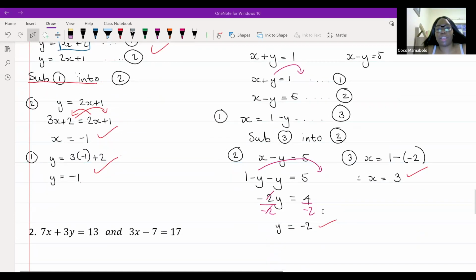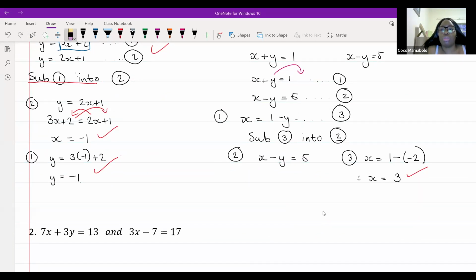May you please explain how we got negative 2? All right, so remember from equation 3, Fulani, we said that we're going to sub equation 3 into equation 2. Now, equation 2 is over here. Equation 2 says x minus y is equal to 5.